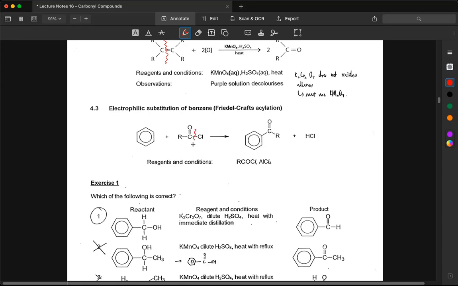The Cl will be chopped off and it bonds to this, so the H is substituted by this.